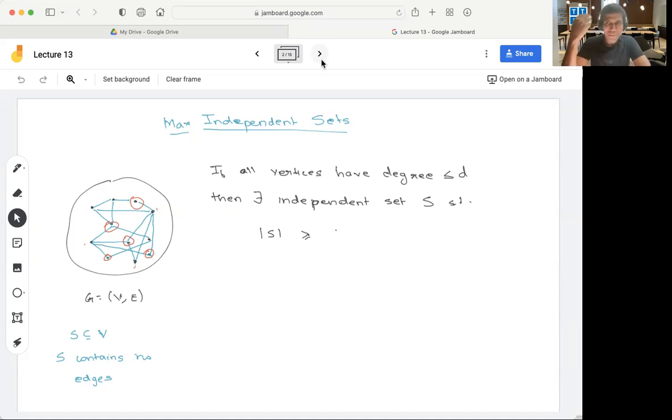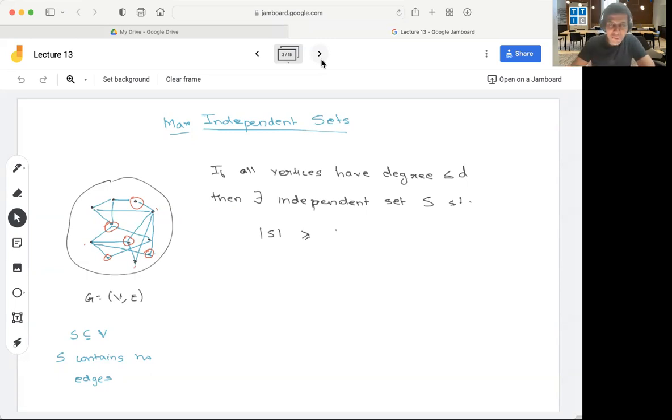Basically, in a graph with n vertices, we can't even approximate the size of an independent set up to n to the 0.9999. So you cannot even give any kind of non-trivial approximations.